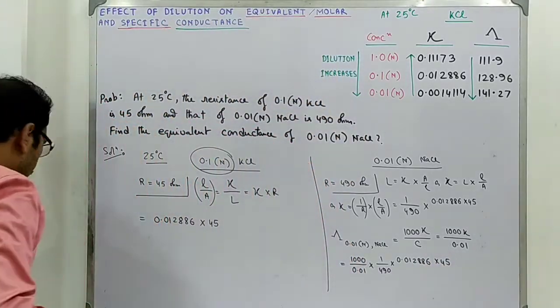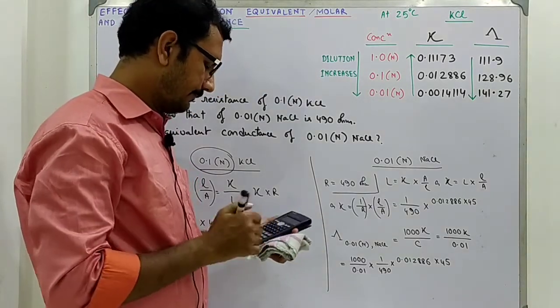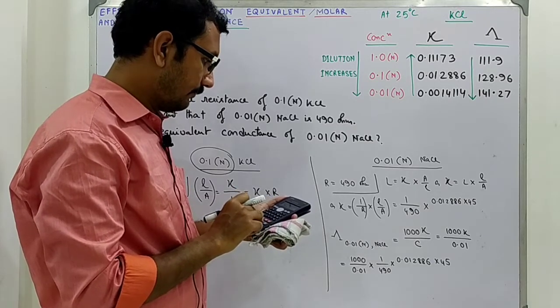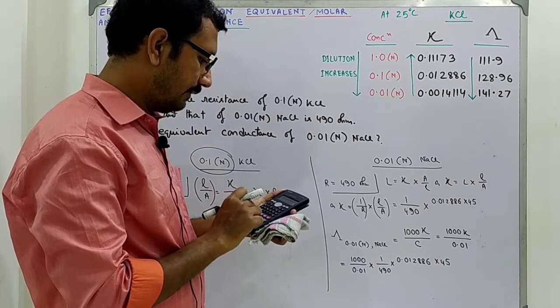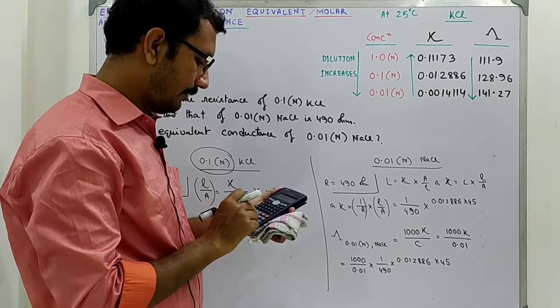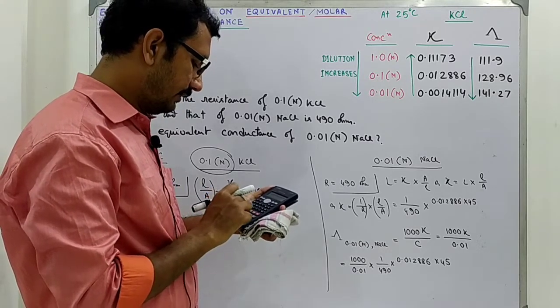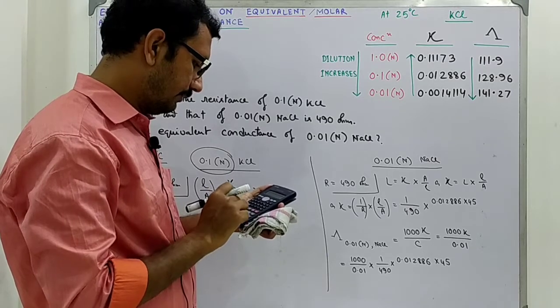Now, you have to carefully put it in the calculator. It is 1000 into 0.012886 into 45 divided by 490 divided by 0.01.